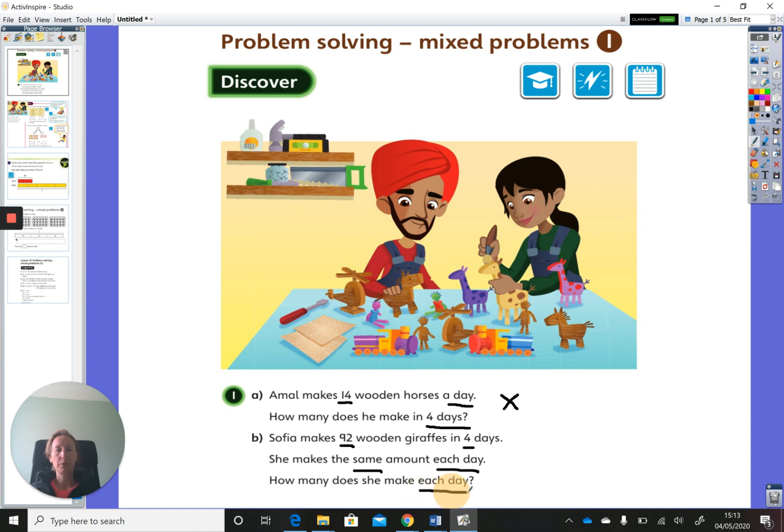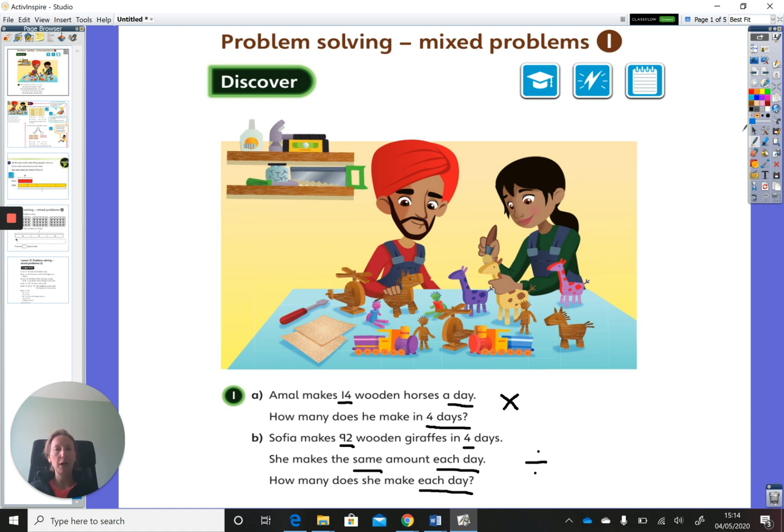So I'm thinking to myself, and this is just how my brain is working, she's got 92 giraffes, and it's taken her 4 days to do that. But the question is asking me, how many is she making each day? So I'm thinking I need to divide 92 by 4. Okay, so I'm going to write my division symbol there. And that's kind of the first step.